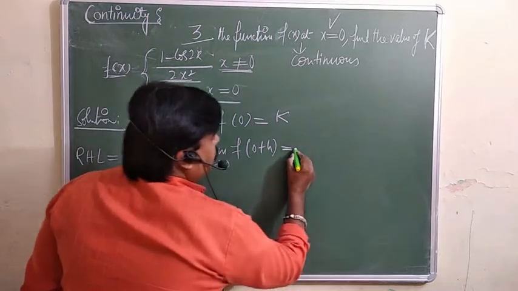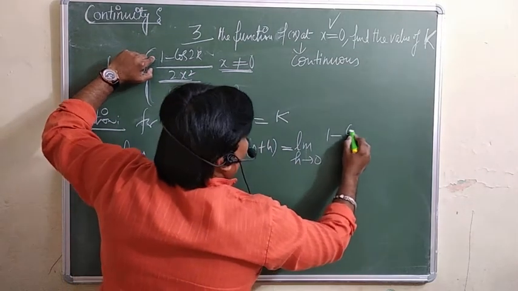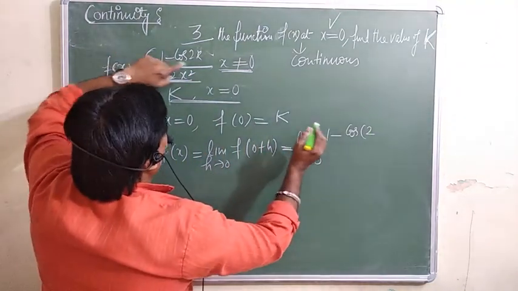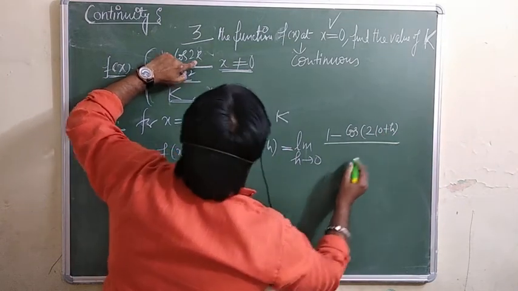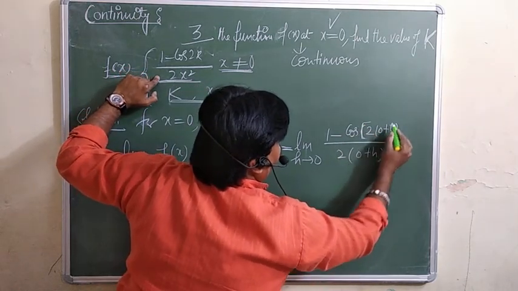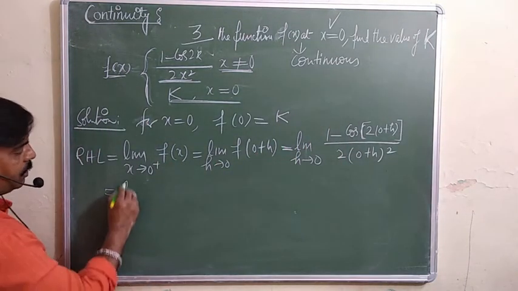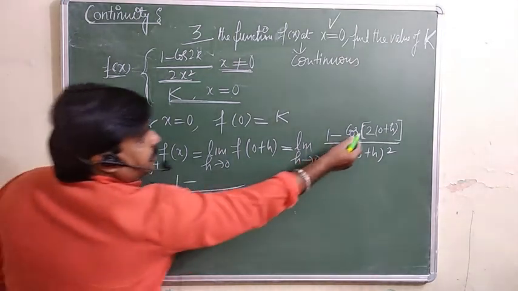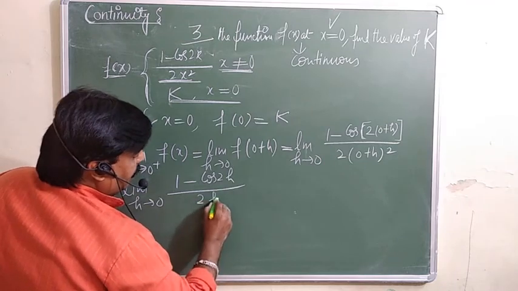So this is limit h tends to 0 of (1 minus cos 2(0 plus h)) over 2(0 plus h) whole square. You will get limit h tends to 0 of (1 minus cos 2h) over 2h square.